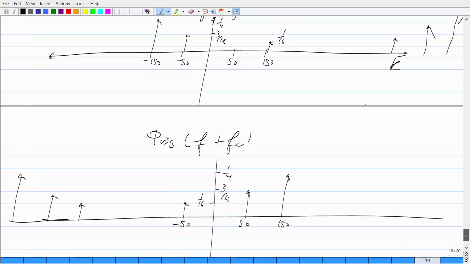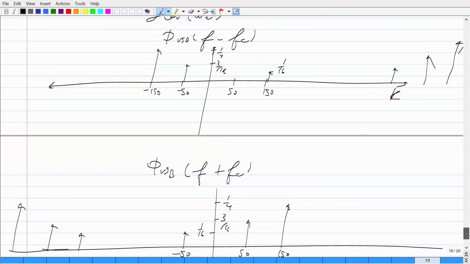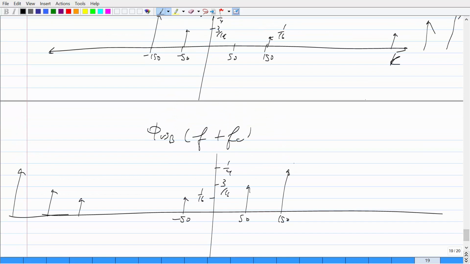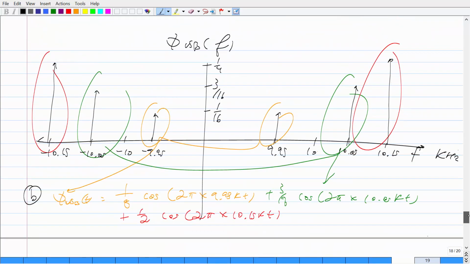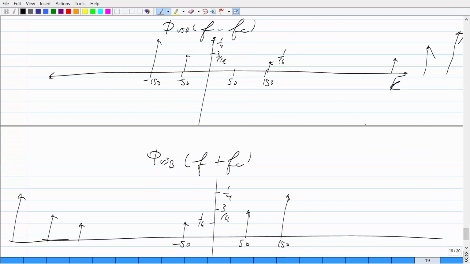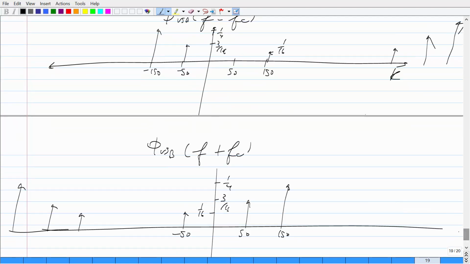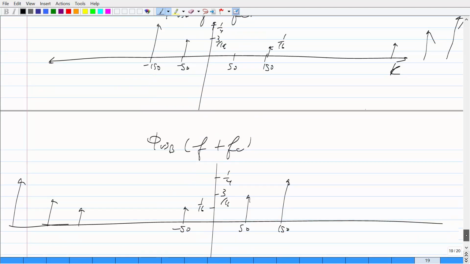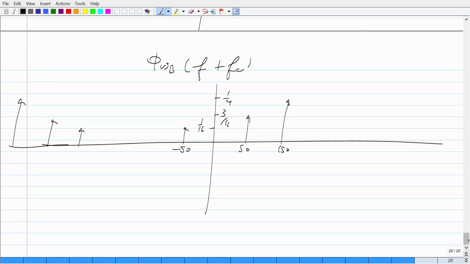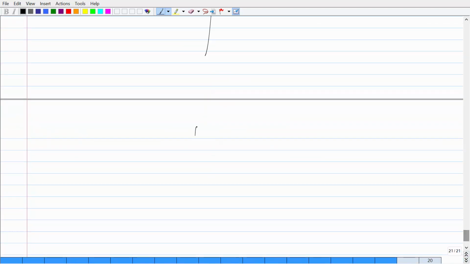So I have 1/4 plus this, and then 3/16 with 1/16. Basically I'm just adding these two things together, and when I do a low-pass filter, the output is going to look like this. I'm almost done.